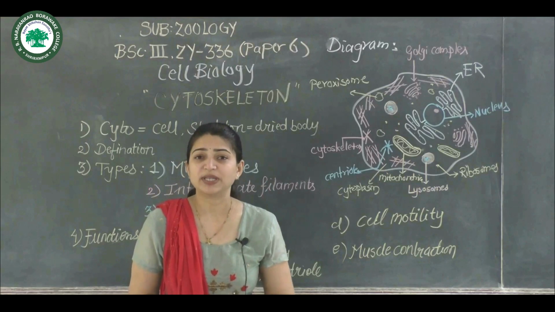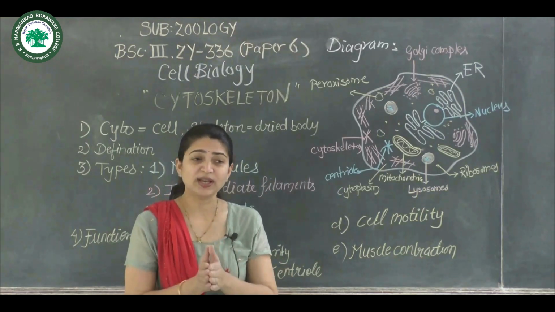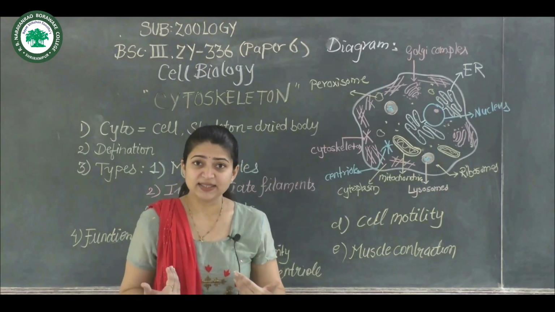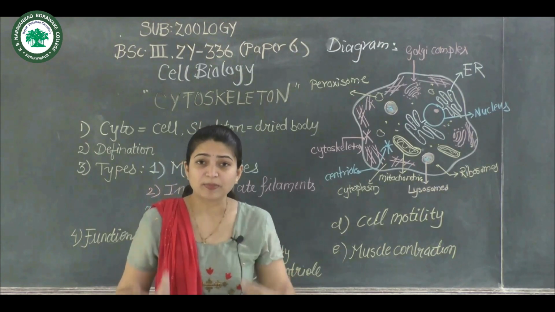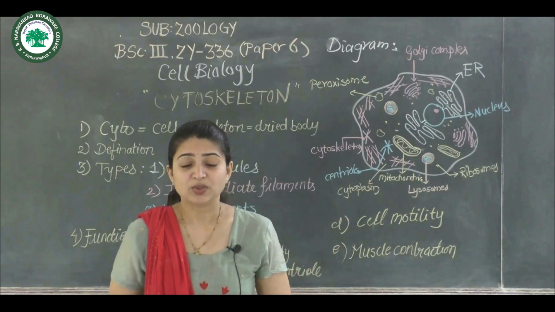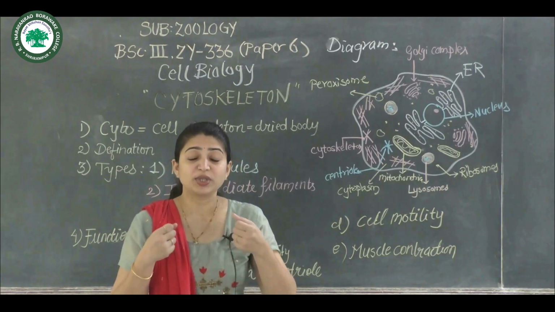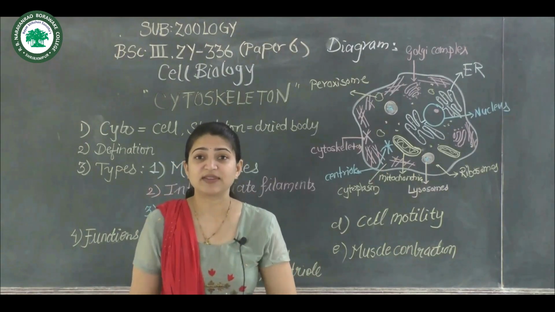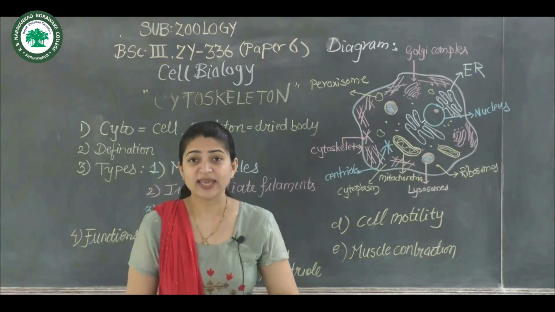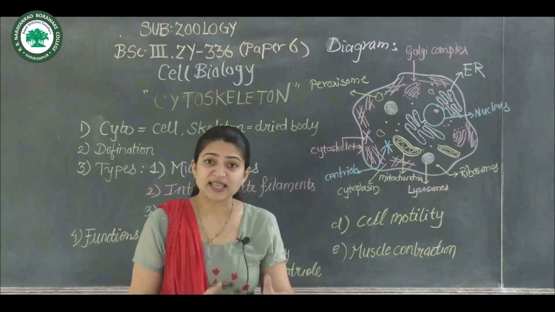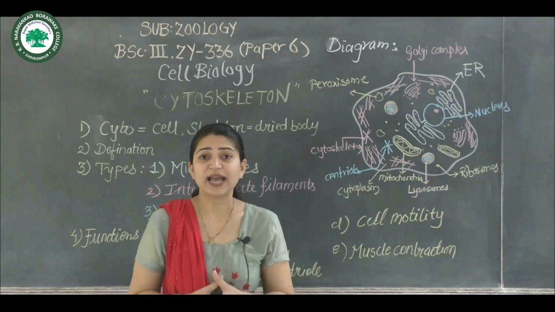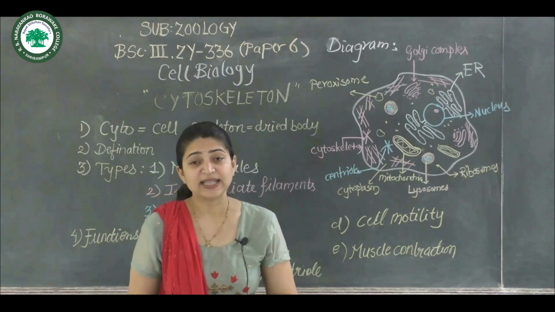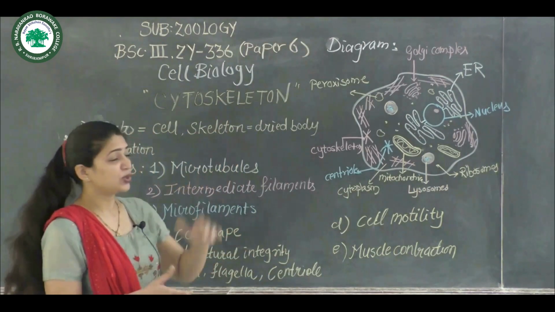They are nanometers in size. As we have a skeleton in our body to support our organ system and to give rigidity to our body, in the same way the cell also possesses a minute skeleton that is called cytoskeleton.